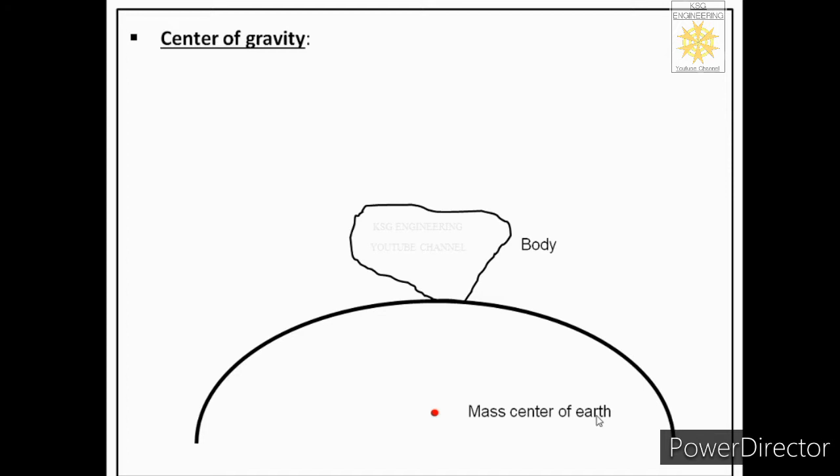So let us see the concept of center of gravity. We know that every body consists of small elements, or small particles, and the gravitational force of attraction because of the earth acts on each particle of the body, and that force is directed towards the mass center of the earth.